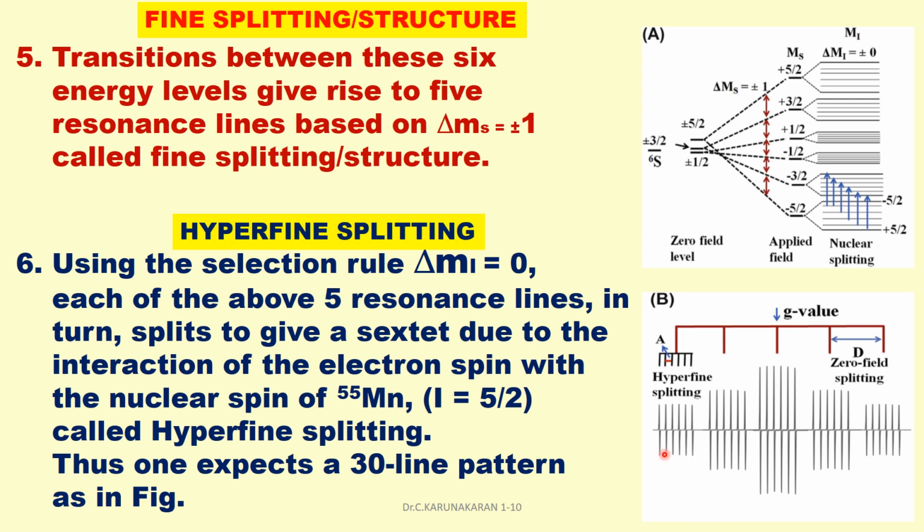Thus there are 30 lines observed in the EPR spectrum of manganese 2+ when D is greater than A.